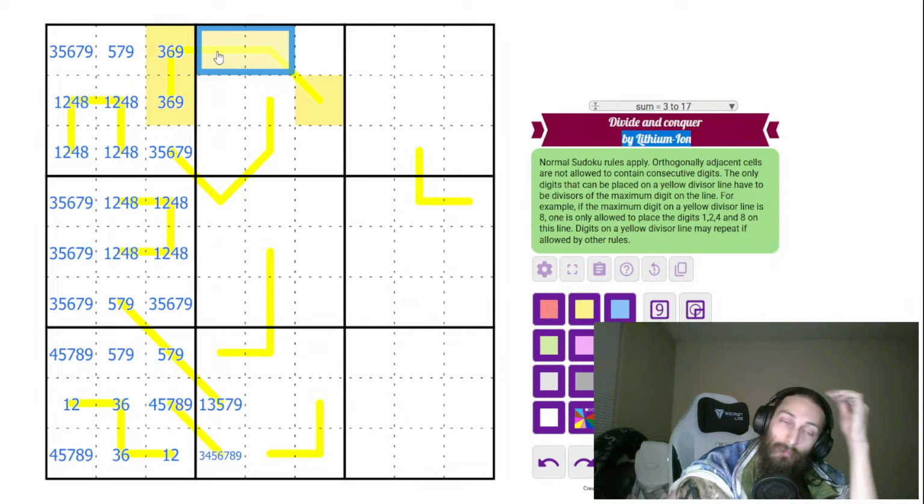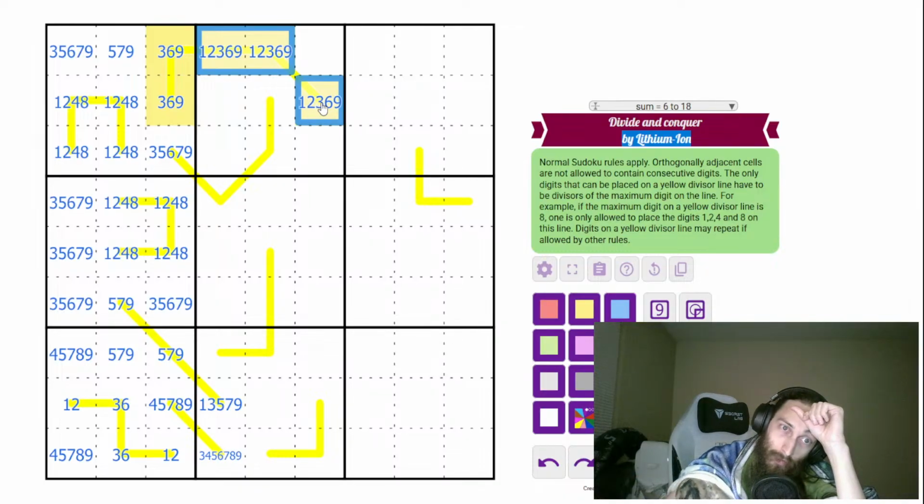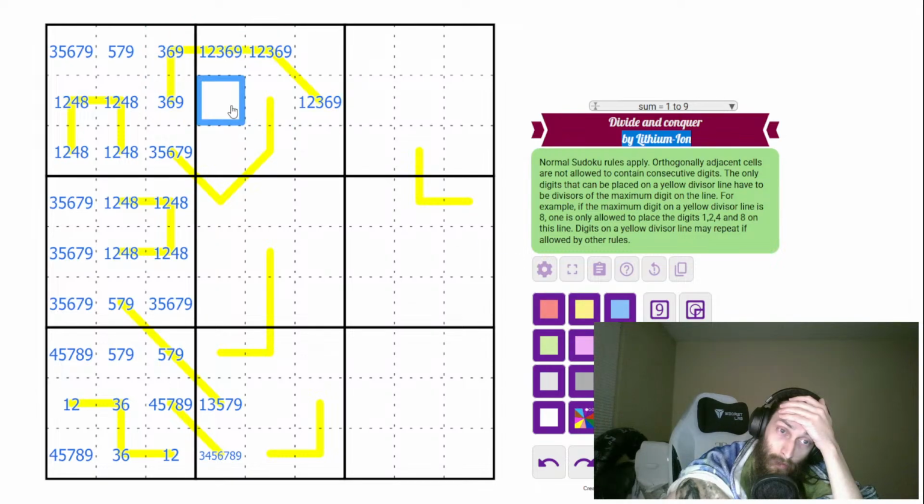9. Basically, we have left 1, 2, 3, 6, 9. It would be 3, 9, and 1, 3, 9.